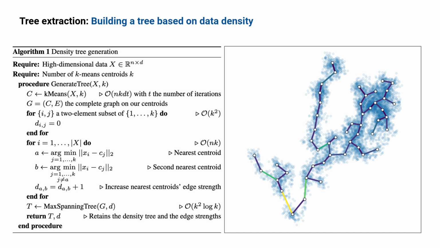We repeat this process for all the points in the dataset, and then we compute the maximum spanning tree on this data to get the densest edges, and this will give us a tree that will follow the data density. Now the question is, how do we reproduce this tree in the lower dimensional space?